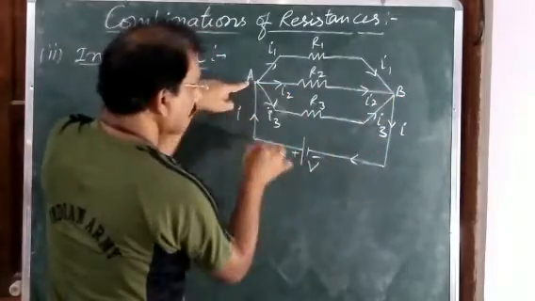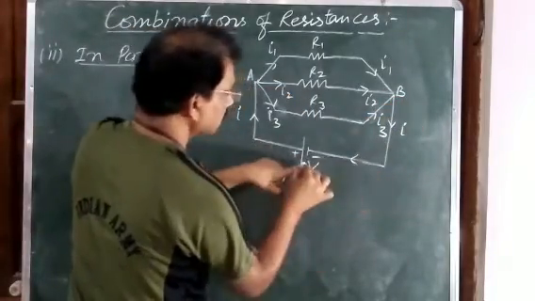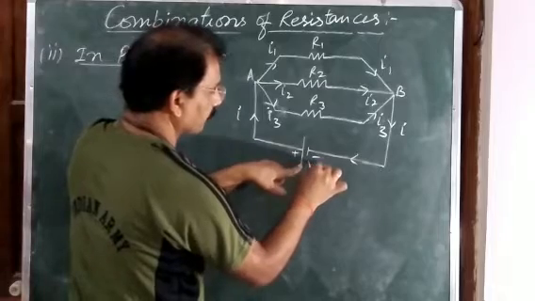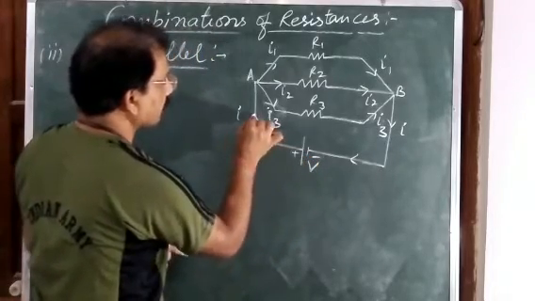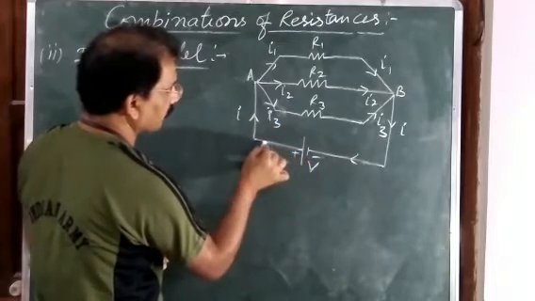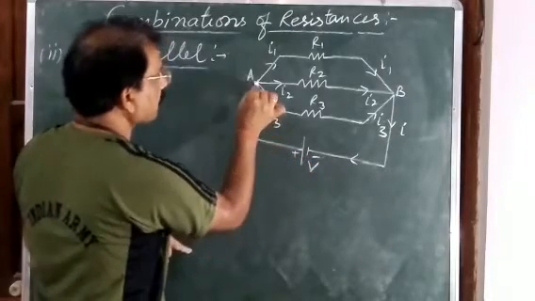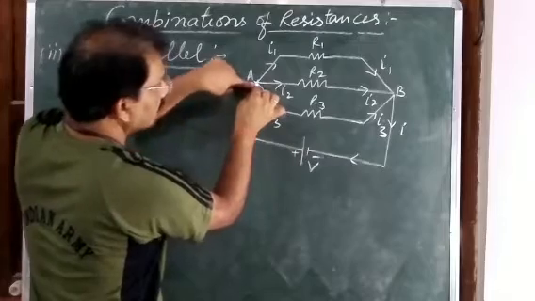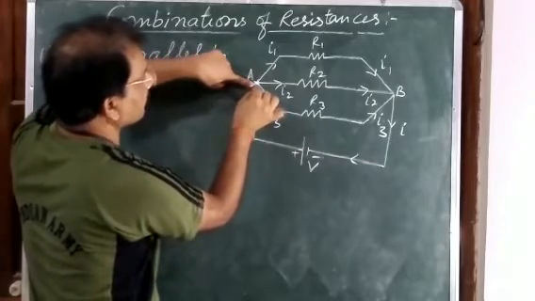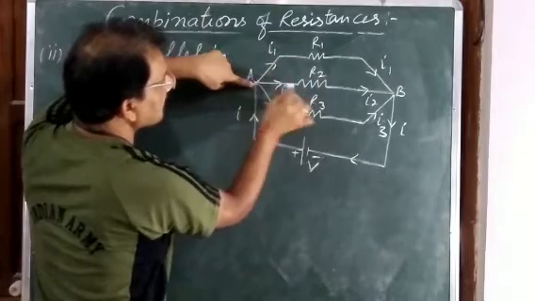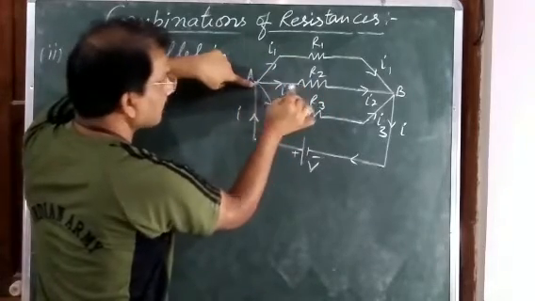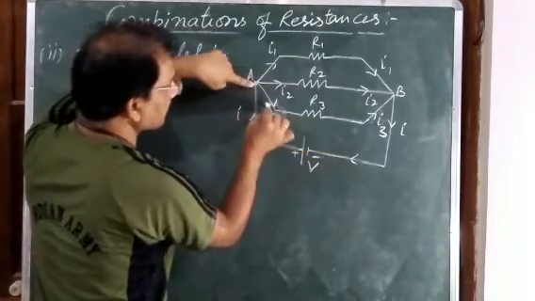And now this A and B is connected to a cell of potential V. Suppose the current coming from this cell is I. But when this I reaches the point A, it divides in three parts. Suppose the current in resistance R1 is I1, current in resistance R2 is I2, and current in resistance R3 is I3.